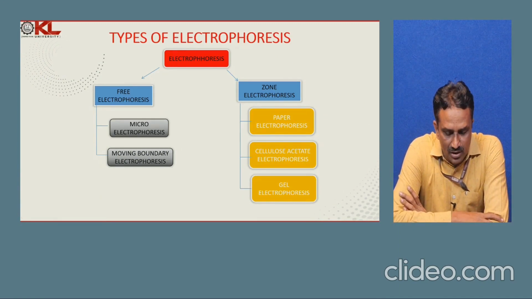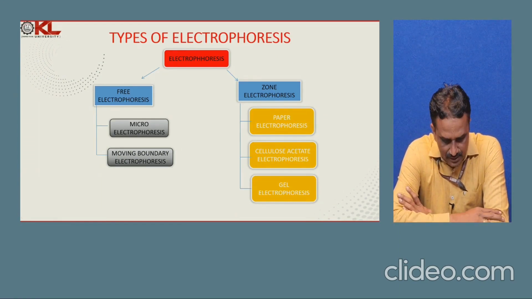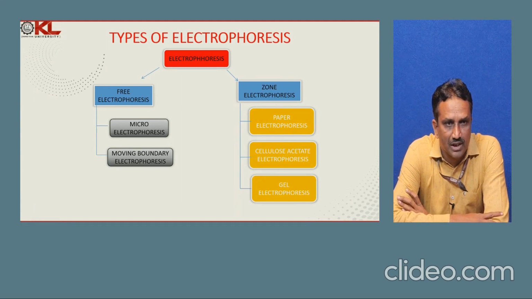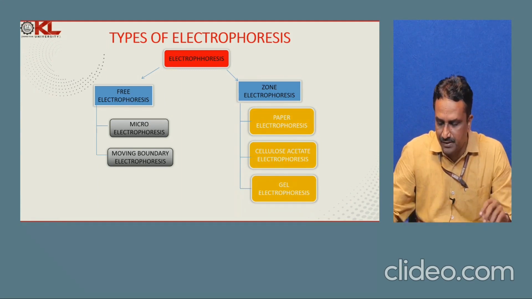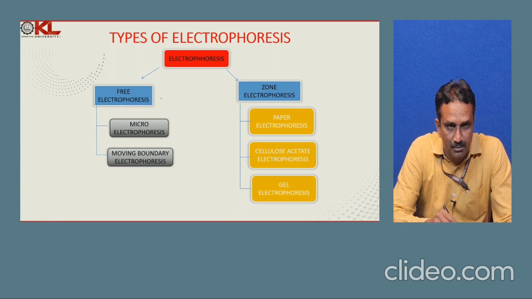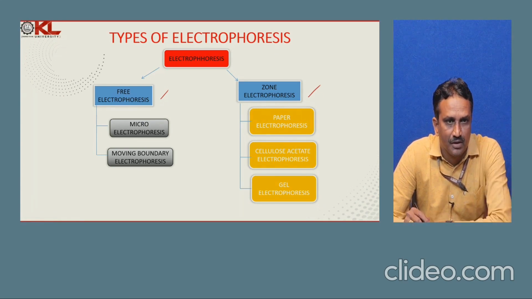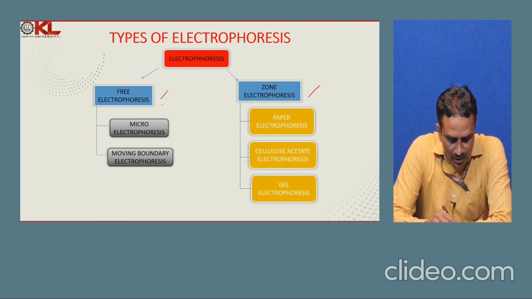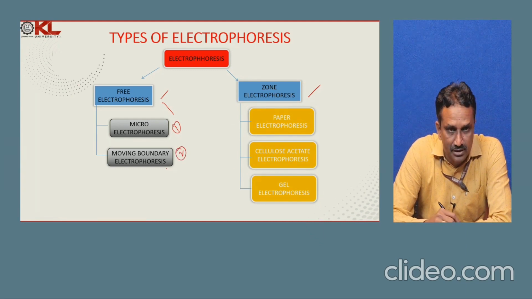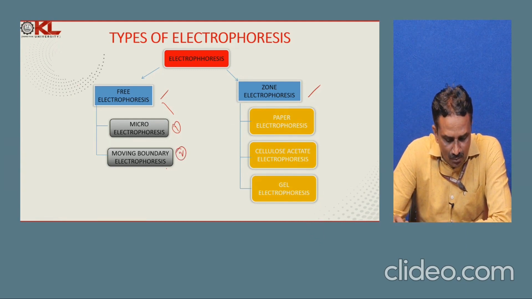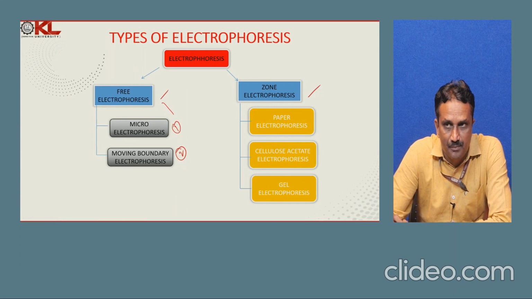Now coming to the types of electrophoresis, electrophoresis is broadly classified into two types. One is free electrophoresis, the other is zone or zonal electrophoresis. Under free electrophoresis, there are two different types: microelectrophoresis and moving boundary electrophoresis.